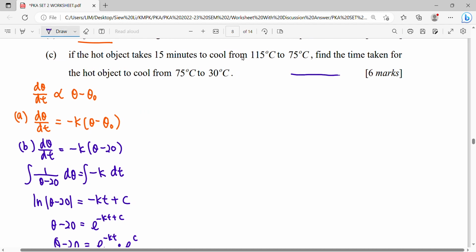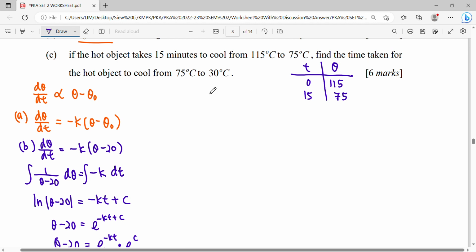Based on your variables here, our variables are time and temperature. The object takes 15 minutes to cool down from 115 to 75. That means it starts initially at 115, then after 15 minutes you reach 75.